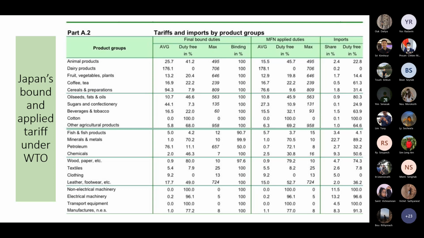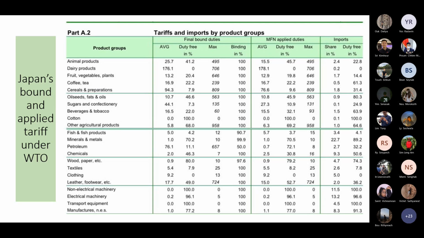What is the average applied duty of Japan on animal product? The bound duty is 25.7. What about the average MFN applied duty? 15.5. So is the applied duty higher or lower than the final bound duty? It's lower.